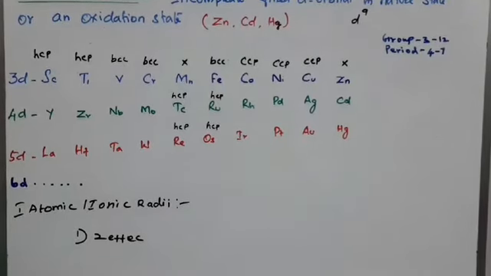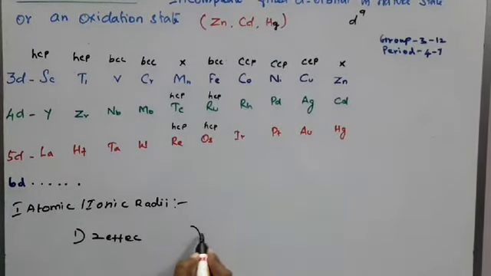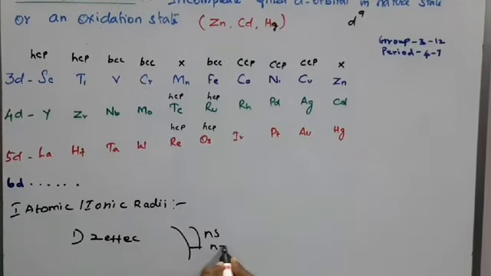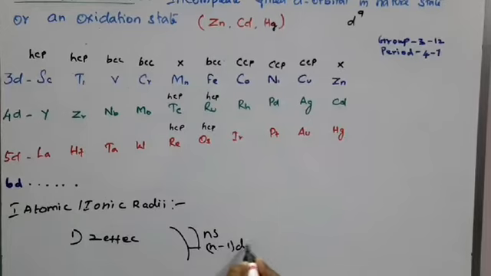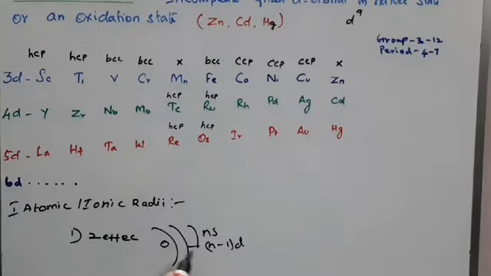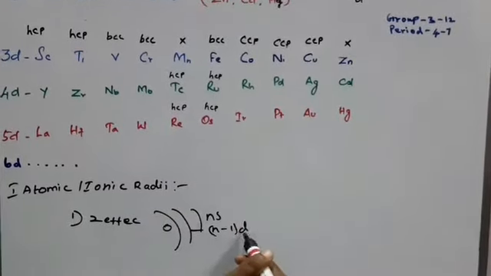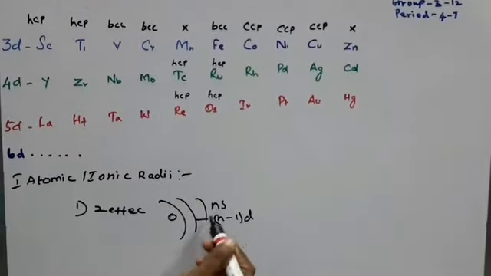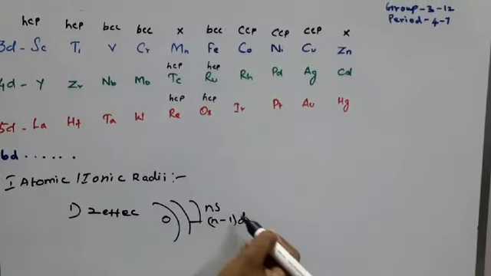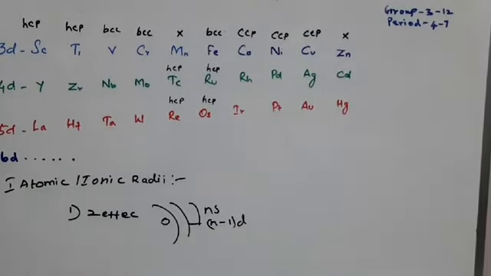Effective nuclear charge means this is the ns outer electron, this is the (n-1)d penultimate shell, and this is the nucleus. The electrons enter directly into the (n-1)d penultimate shell, and because they enter the penultimate shell, we call them transition elements.